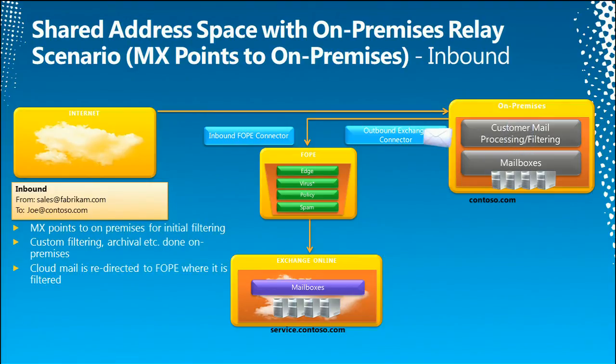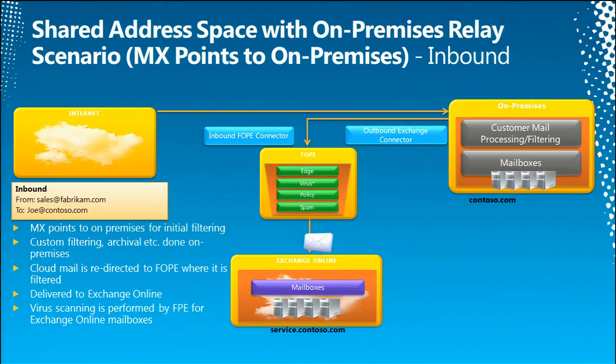In this example, it's going to see that the mail is actually in the cloud, be routed to FOPI, either skip the filtering or not, and then ultimately deliver to Exchange Online. And then again, the virus scanning still happens in Exchange Online. So even though you've skipped scanning, let's say you've configured that inbound connector to skip all scanning, you're still going to get virus scanned in Exchange Online.